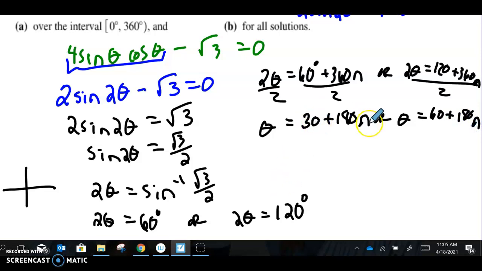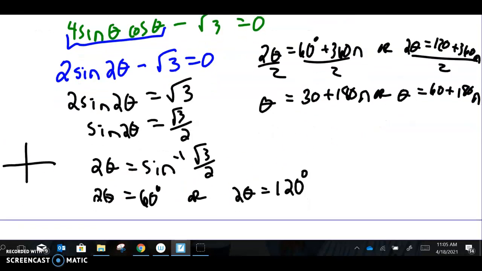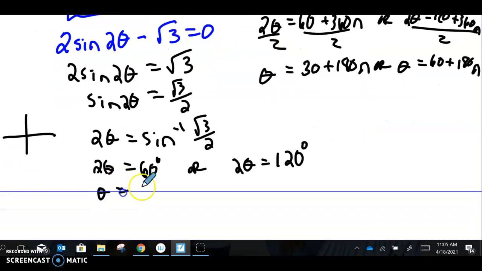Okay? And what happens, guys, is, if I would have stopped right here, I would have at least gotten my 30 and I would have gotten my 60. And then I should have realized, and I did as I was doing it, that's only going to give me 2 angles in the first quadrant. I know there's other angles that will work now that I cut this in half. So sometimes I use this to generate all my angles.